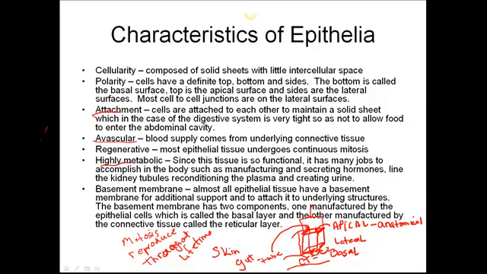Highly metabolic. These cells are taking care of themselves. They're usually secreting things. A specialized epithelial cell is a goblet cell, which secretes mucus. They secrete all of your hormones. They secrete salivary juices, all the cells in your stomach, like the hydrochloric acid, all the cells in your pancreas.